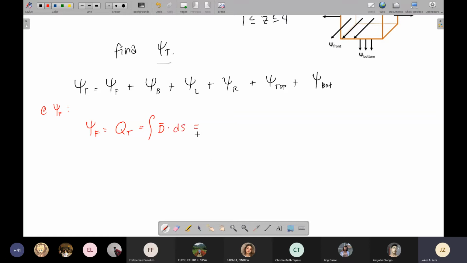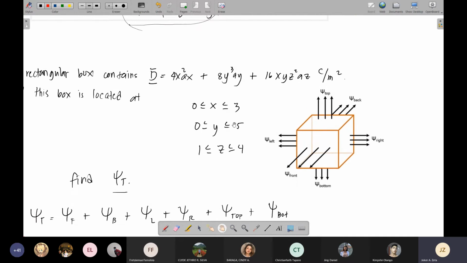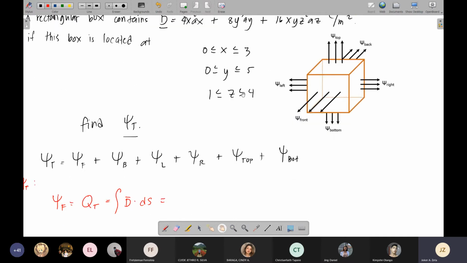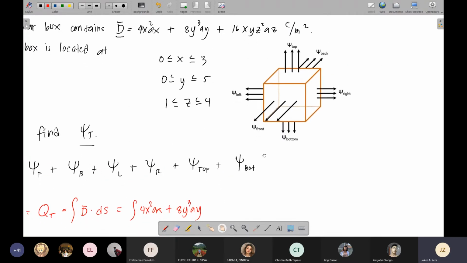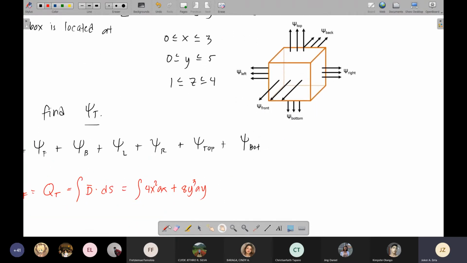You are given the flux density: integral of 4x squared AX plus 8y cubed AY plus 16xyz squared AZ, dotted with the differential surface.